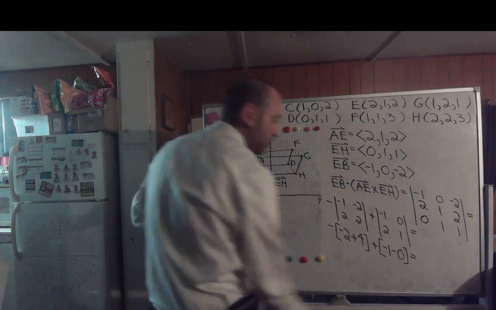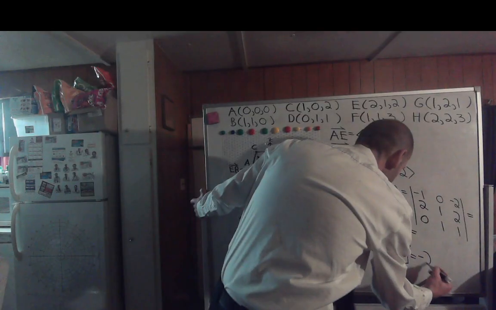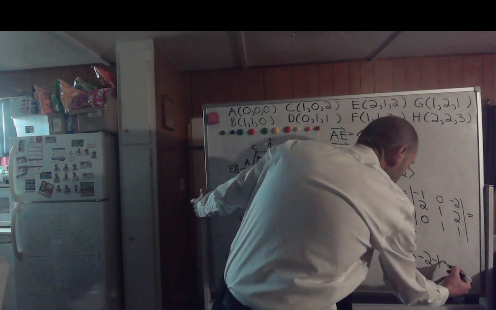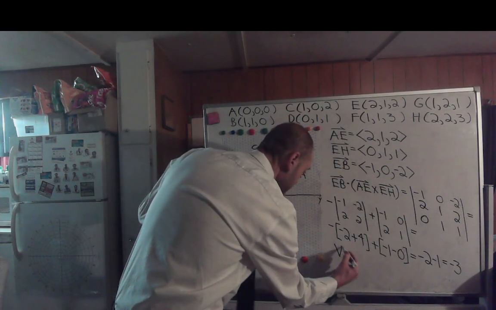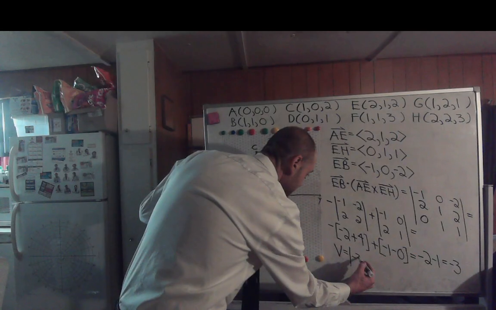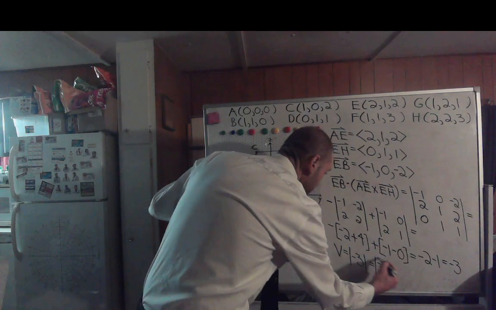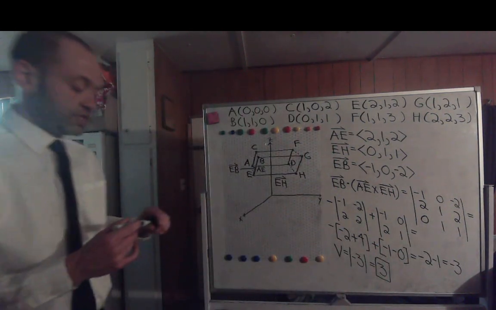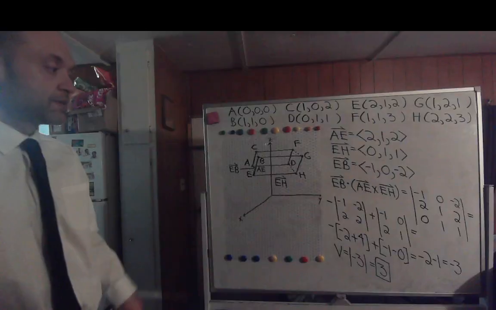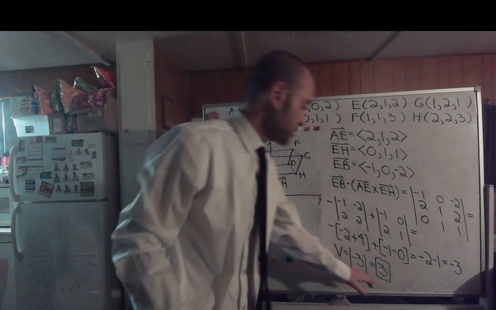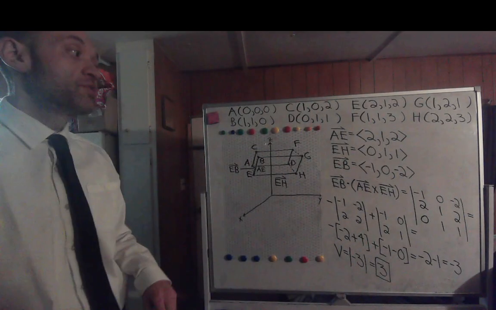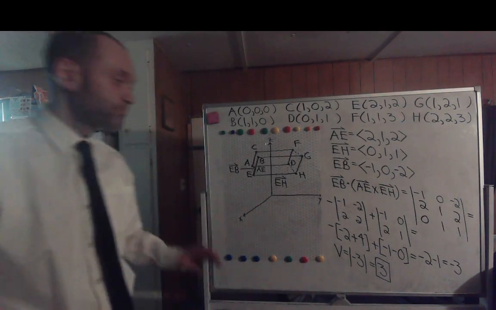So this would end up turning into -2 minus 1, which would end up giving you -3. Well, the volume would be the absolute value of that -3. So the volume of this parallelepiped is actually just going to be 3 cubic units.